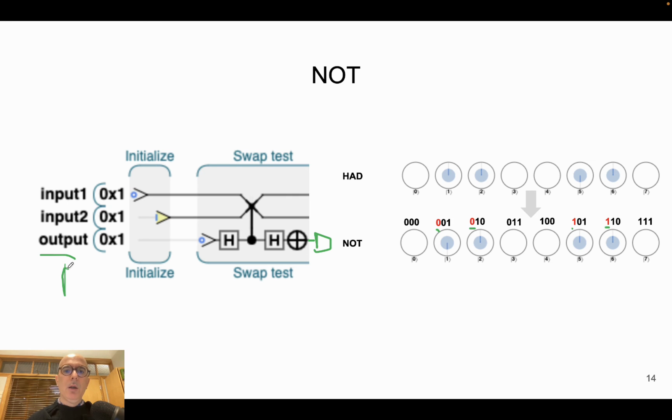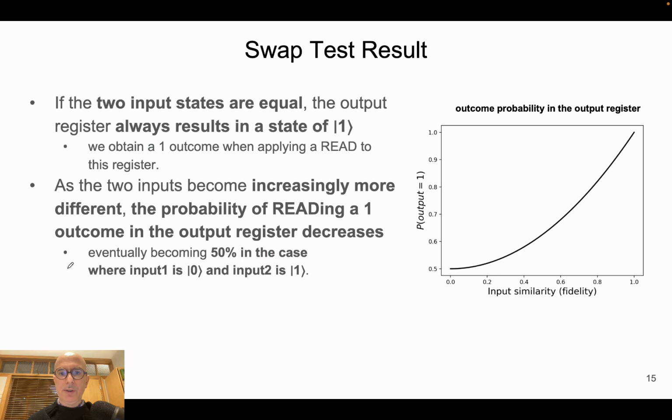So in the case of two opposite quantum state values, we have equal probability to measure 1 or 0 in the output quantum register.